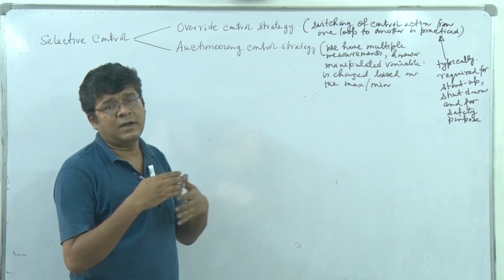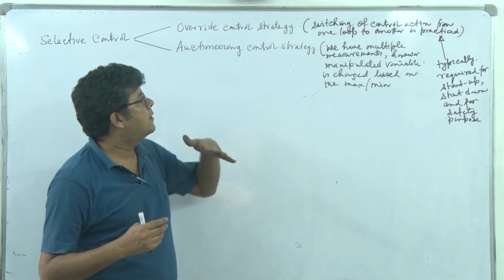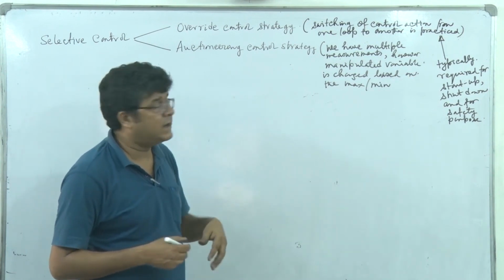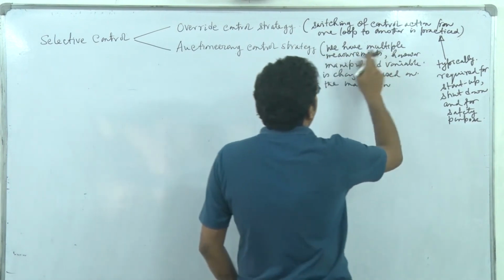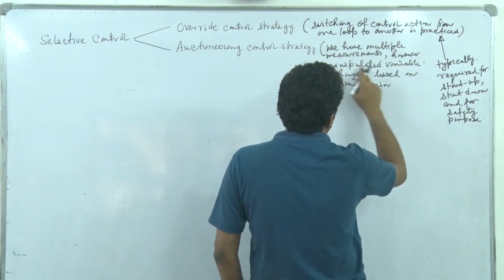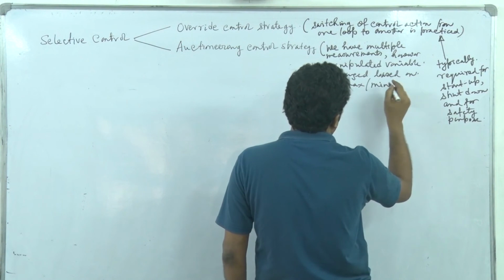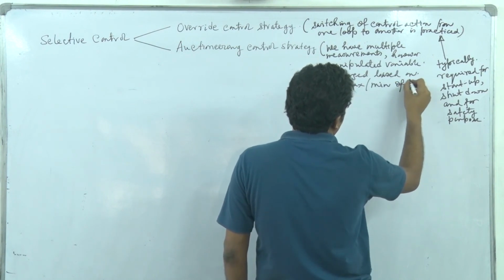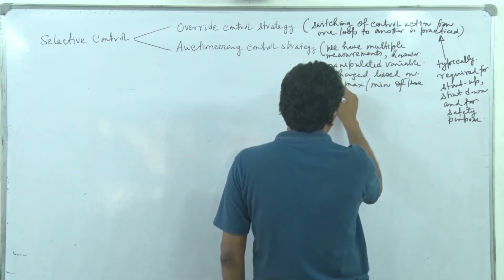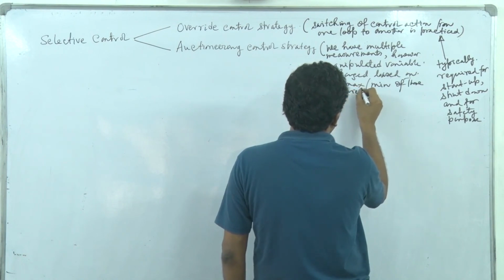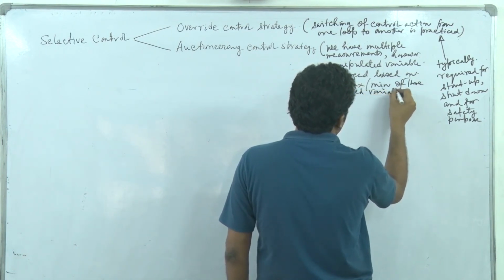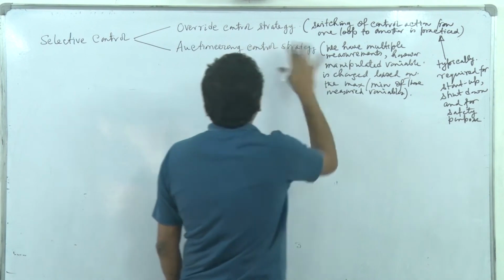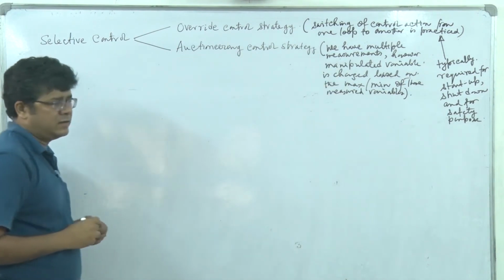Definitely again it's for some safety limits, right? So we have multiple measurements, however the manipulated variable is changed based on the maximum or minimum value of these measured variables. This is called the auctioneering control strategy.